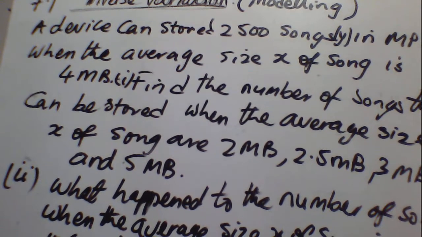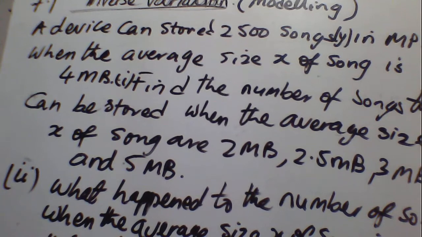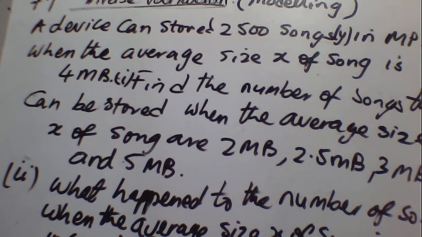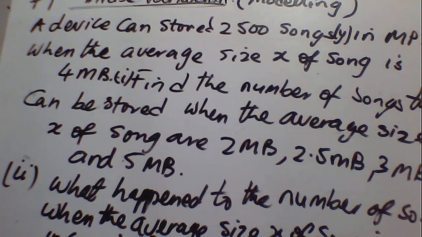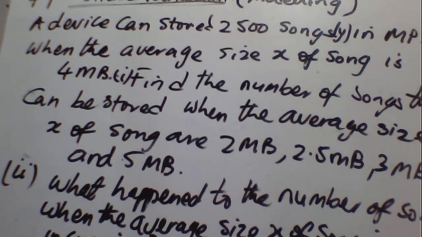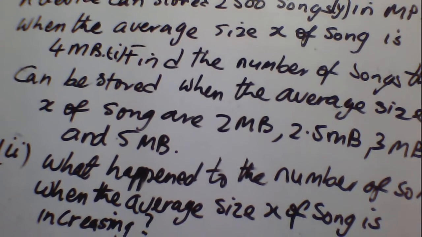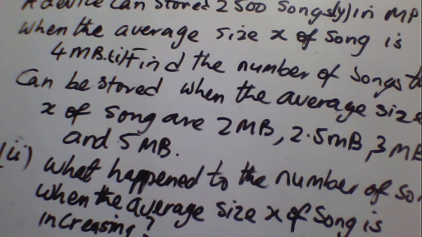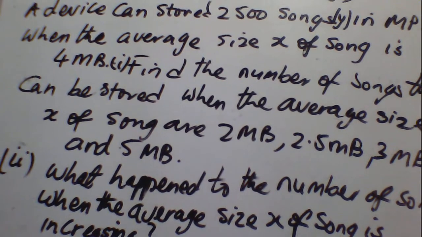Find the number of songs that can be stored when the average size x of song is 2 megabytes, 2.5 megabytes, 3 megabytes, and 5 megabytes. What happens to the number of songs when the average size x of song is increasing? You can pause the video, write it down, and then follow up in the solving of the question. And let me clean the board.